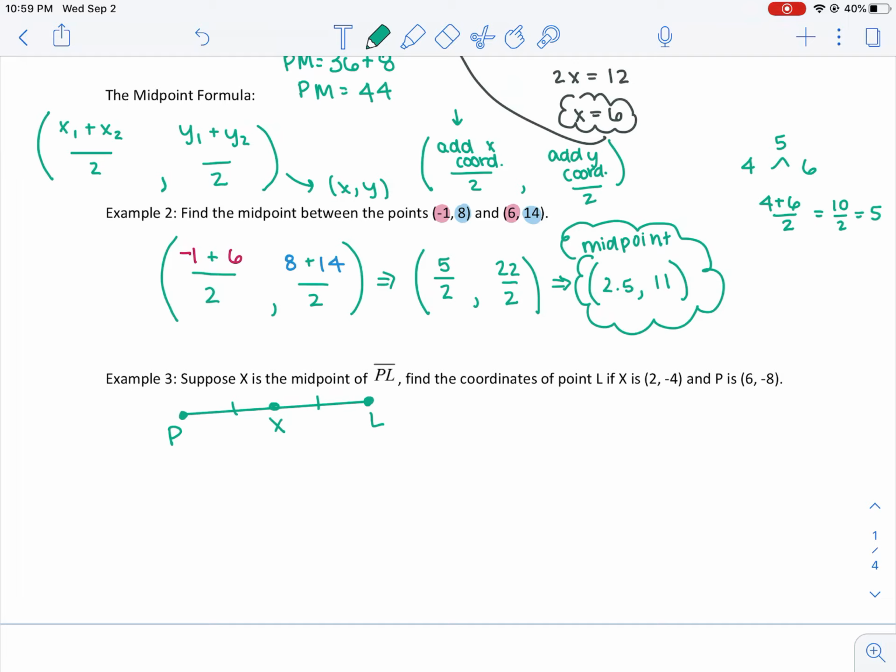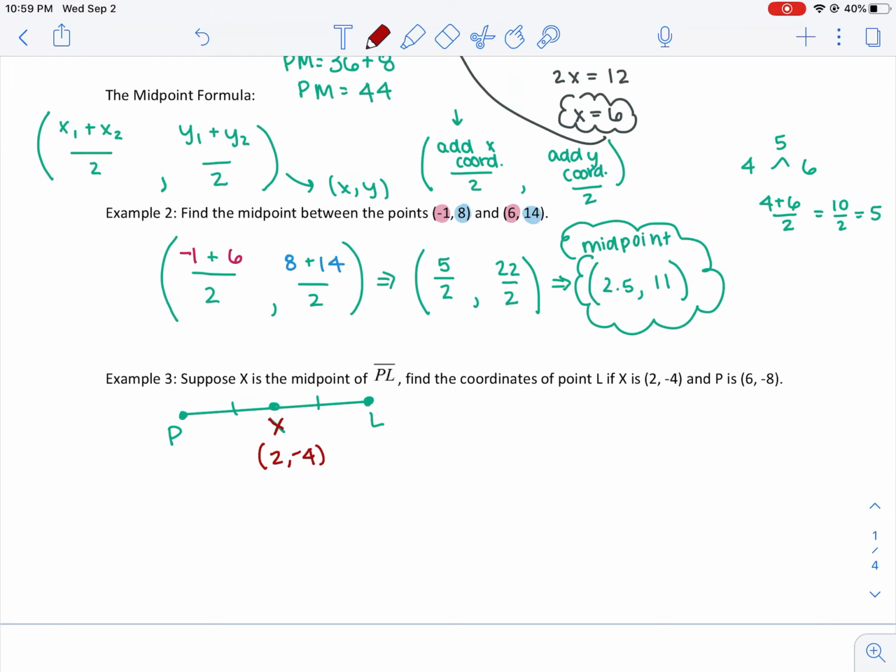Okay, I know the coordinate point for X is, let's color code. I don't know if that helps you guys, but I know it would help me. So X is 2, -4, which is the midpoint. So we know the midpoint. So in this case, we're not trying to find the midpoint.